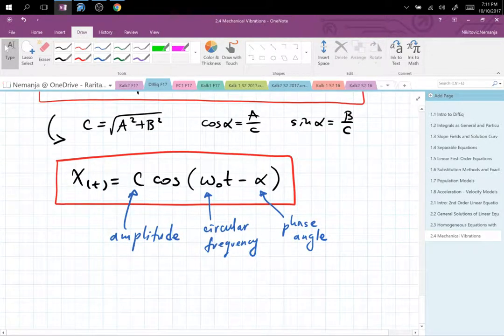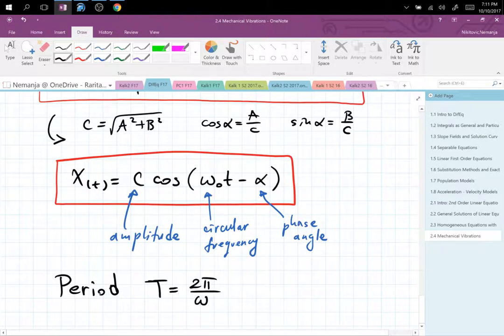Now, you have the period T. Period T is defined as 2 pi divided by omega 0.